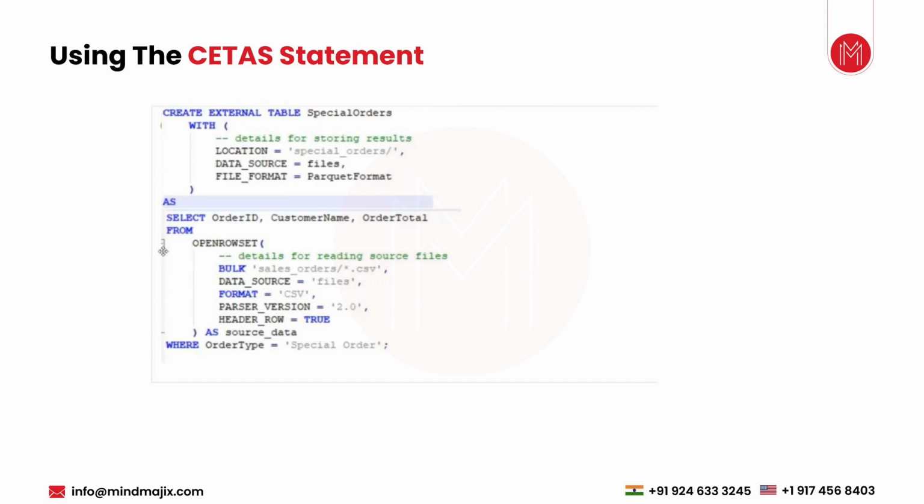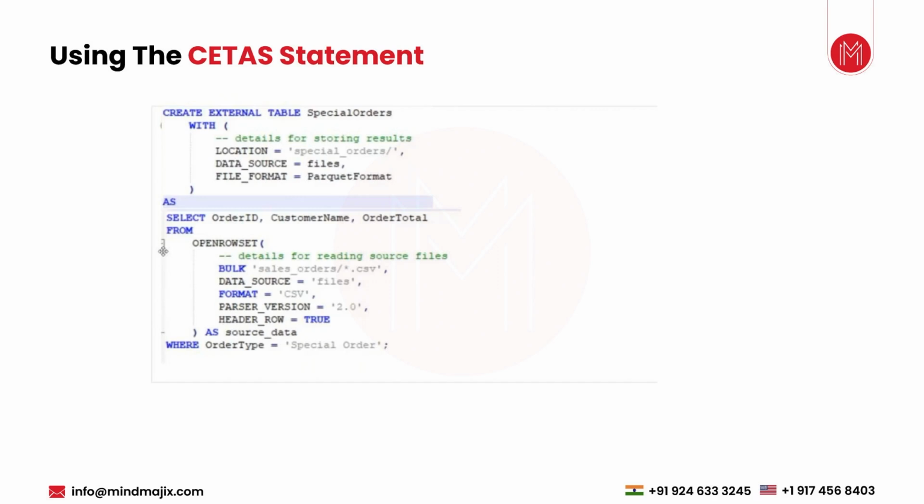The with clause defines the properties; close the with and add an AS statement. If you write a select, all the result of this select query gets stored as a file called special order in the special order files folder, and a table is ready for you to interact with.